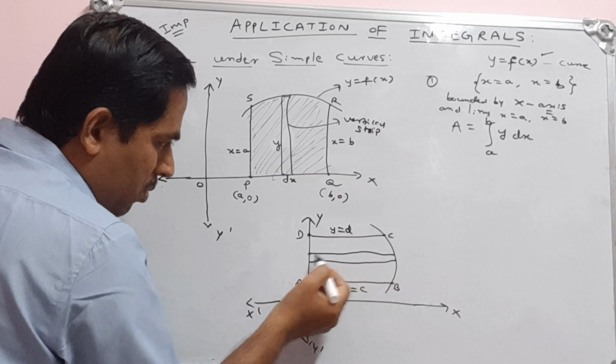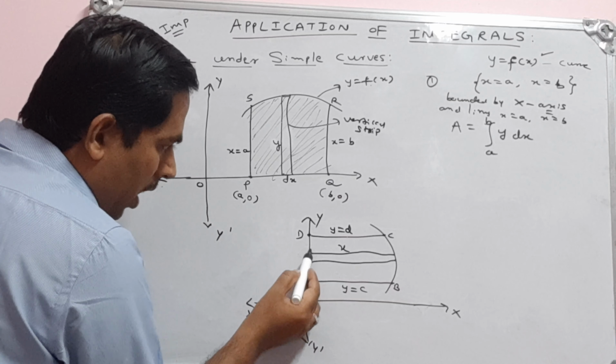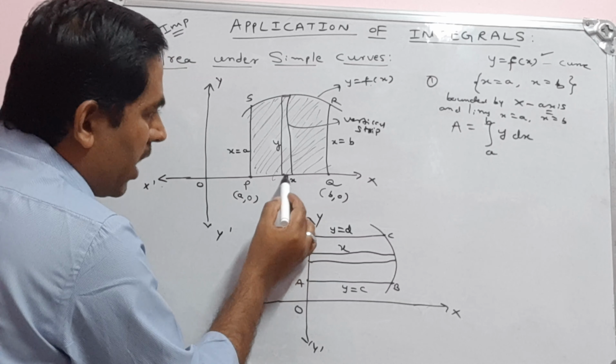I will consider this length as x, and its width, see this, as dy, since I have considered lines parallel to the x-axis. So if I want to find this area, observe this.